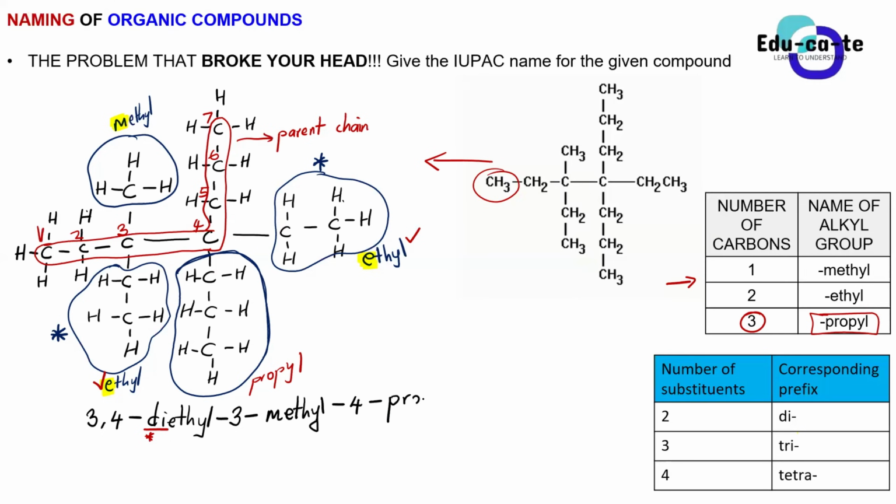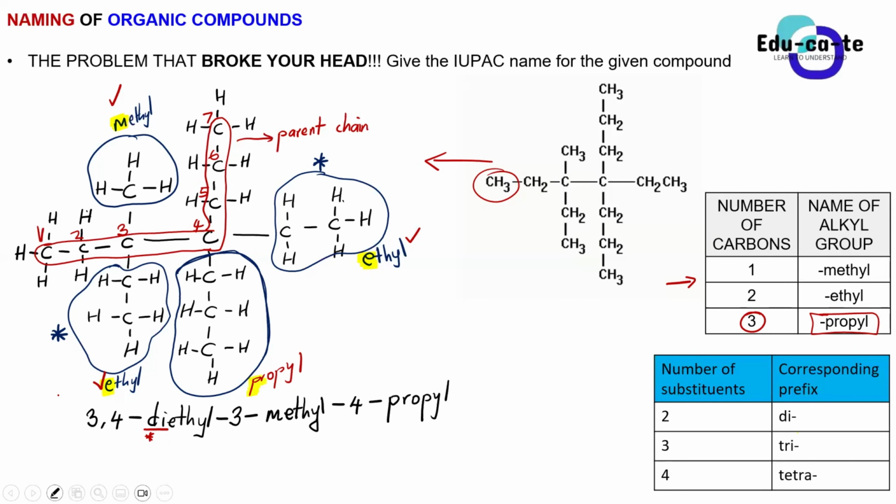We've already done ethyl and methyl, so we are only left with propyl, and it's only one, so you don't have to use di, tri, tetra. So basically it's 4-propyl, which means on carbon number 4 we have a propyl group. Are we done with all substituents? We've already written them in alphabetical order, of course.